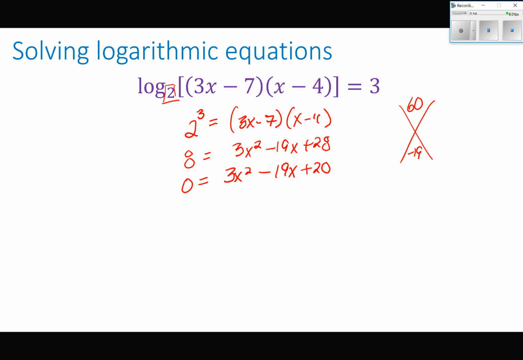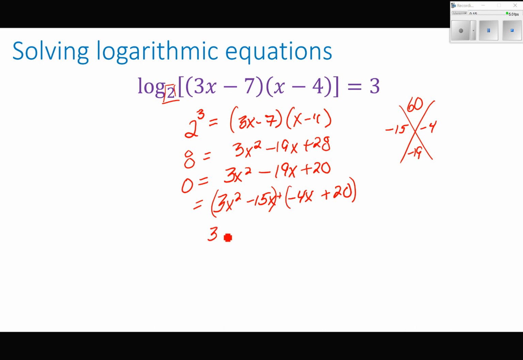My two numbers that multiply to get 60, but add up to a negative 19 would be a negative 15 and a negative 4. So now I can do 4 spots. 3x squared minus 15x minus 4x plus 20. Break these into groups, add them up.